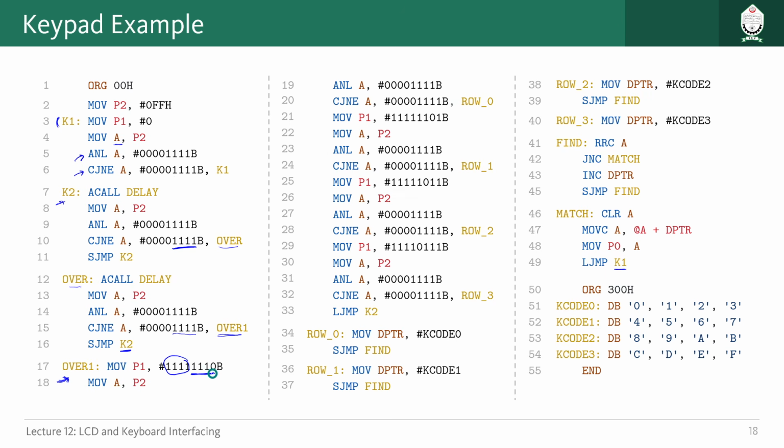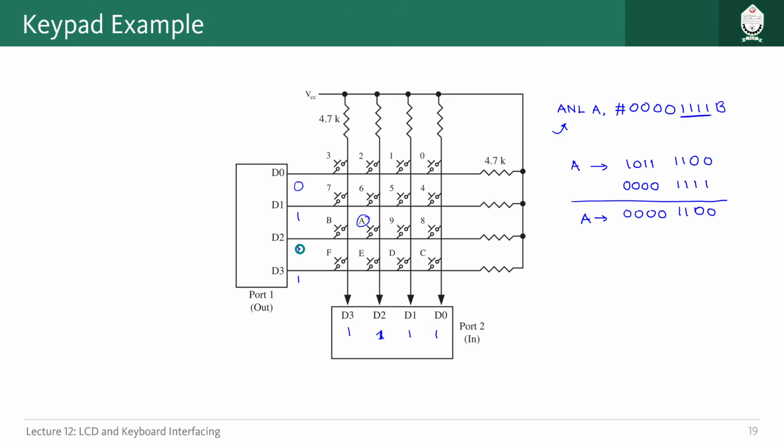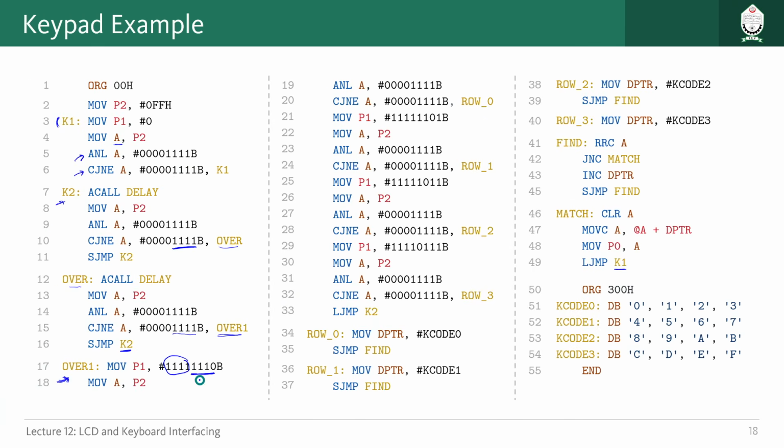So just like here, 0 1 1 1, this is the value we are moving to port 1, and then we look at the columns by checking port 2, and this value is sent to A. We mask only the least significant 4 bits because that is the one we need. Then we compare with all ones. If both are equal, that means no key has been pressed in row 0, and we can move on to the next line.